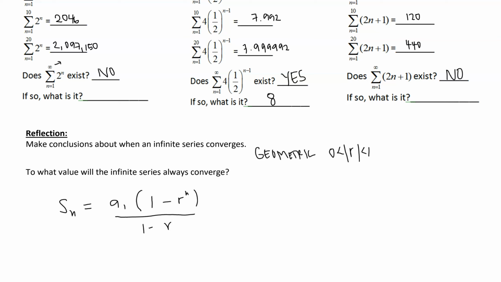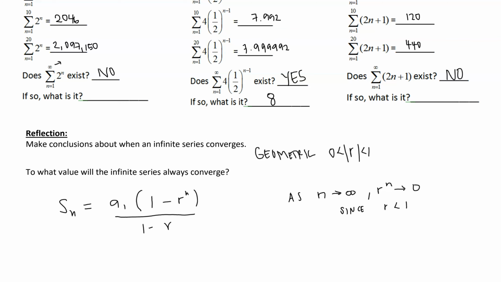Okay, so this is what my calculation is. As I get to n right here, if I go to infinity, that's going to go to 0. As your n gets bigger and bigger, your r to the n power is going to go to 0, since your r is less than 1.